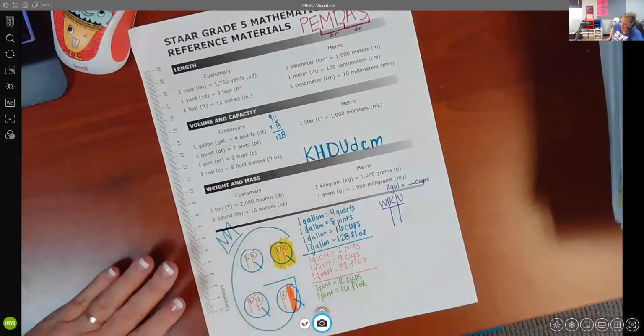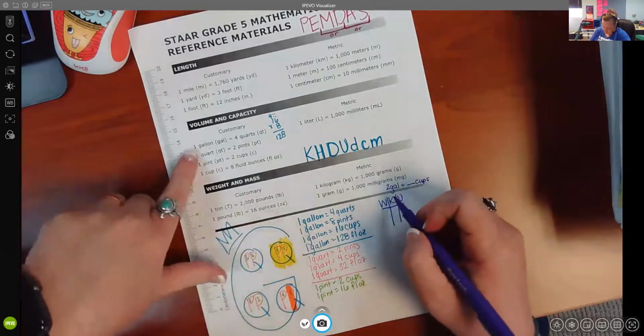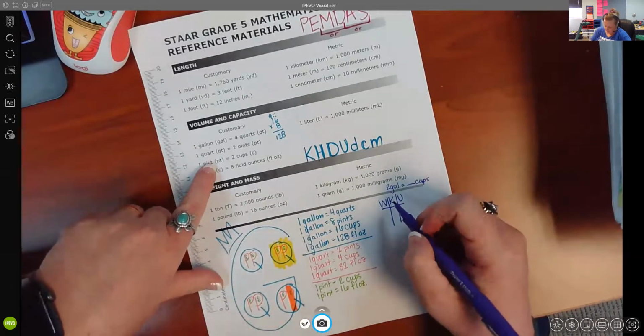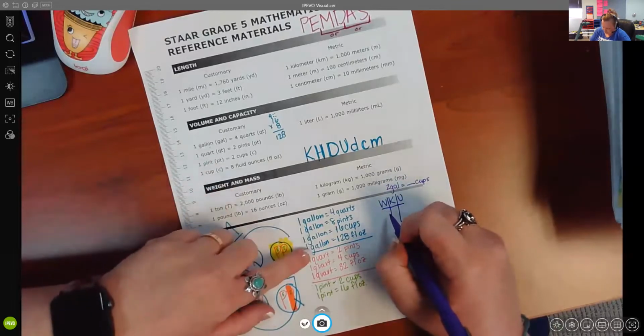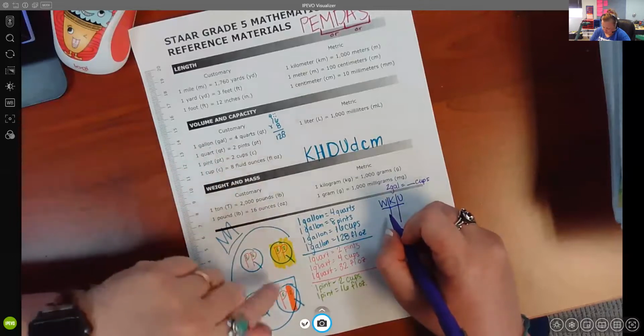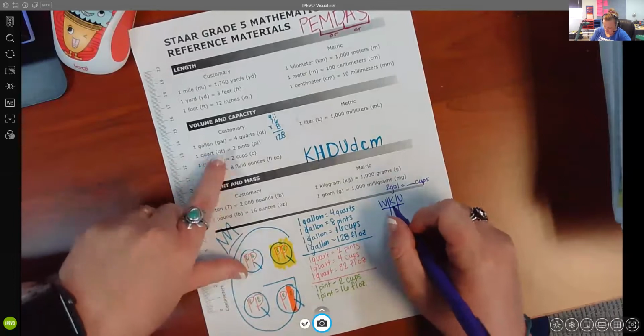Okay. So to do that, I could do it from one step to step, or I'll show you 2 different ways. I'll do the multi-step up here using this part.